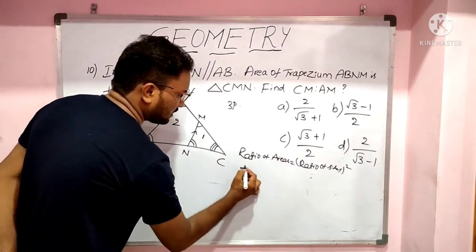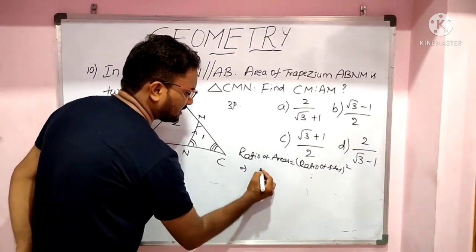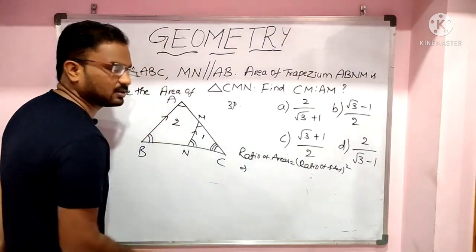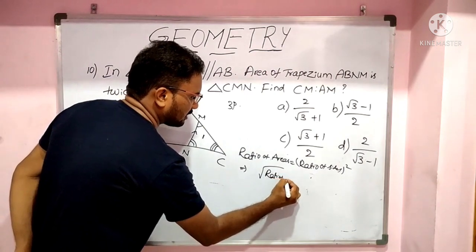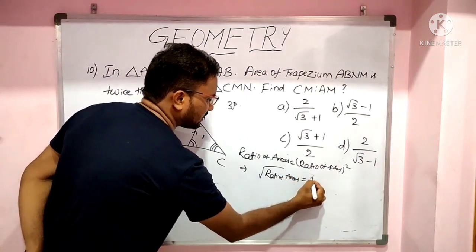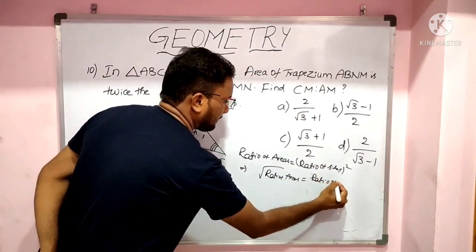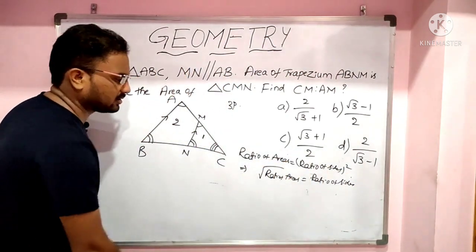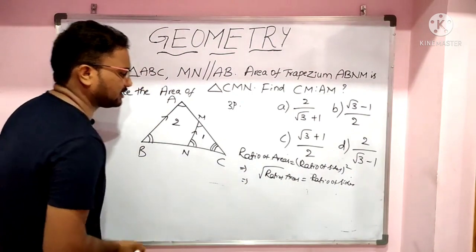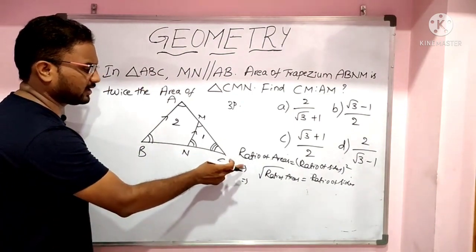So here, ratio of sides equals the square root of the ratio of areas.